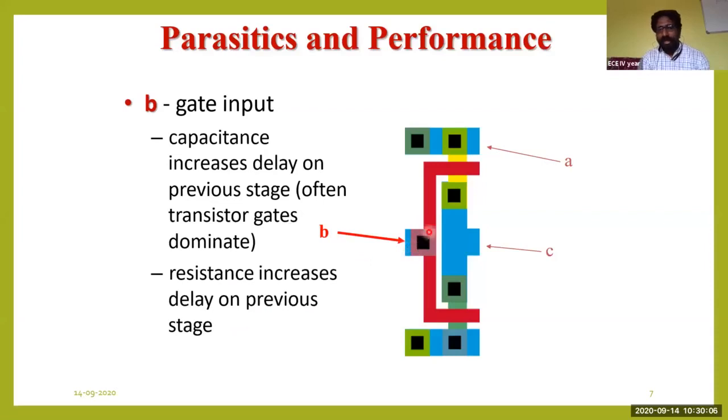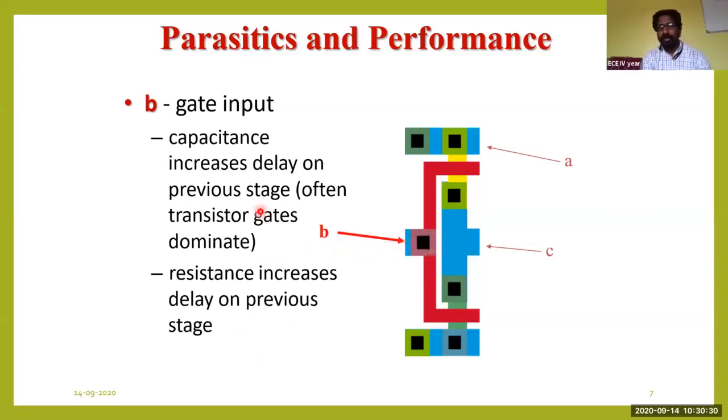Let us assume this is a buffer circuit where it has another inverter over here. If you have a large capacitance and resistance here, the signal from the previous inverter to the next inverter takes a longer time to feed the output of the previous inverter as an input to the second inverter.